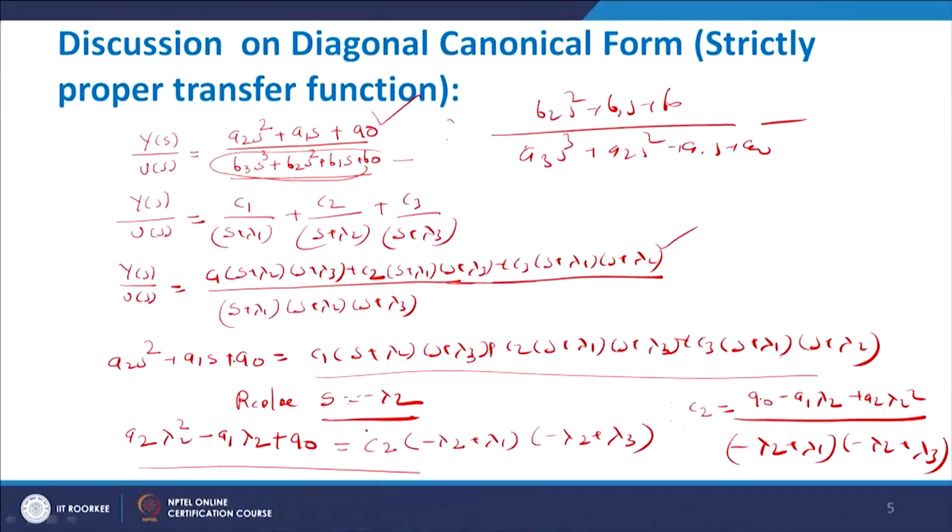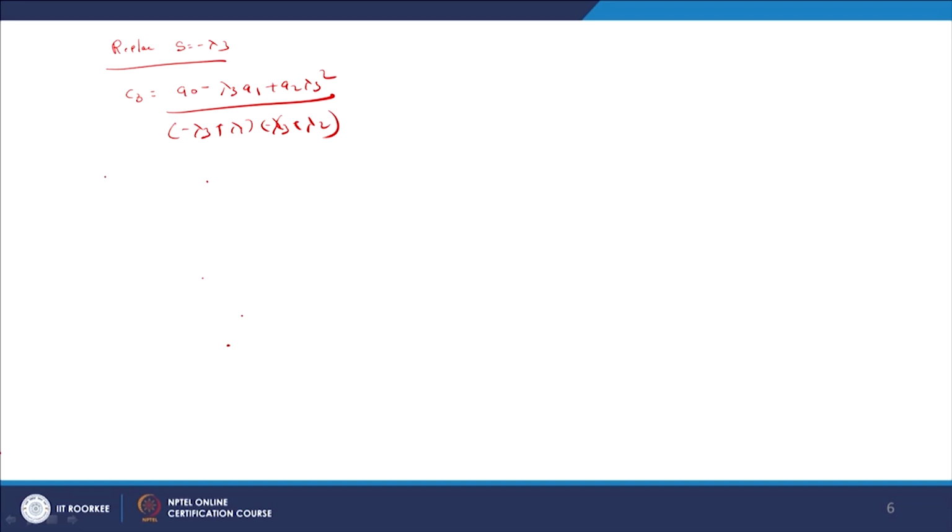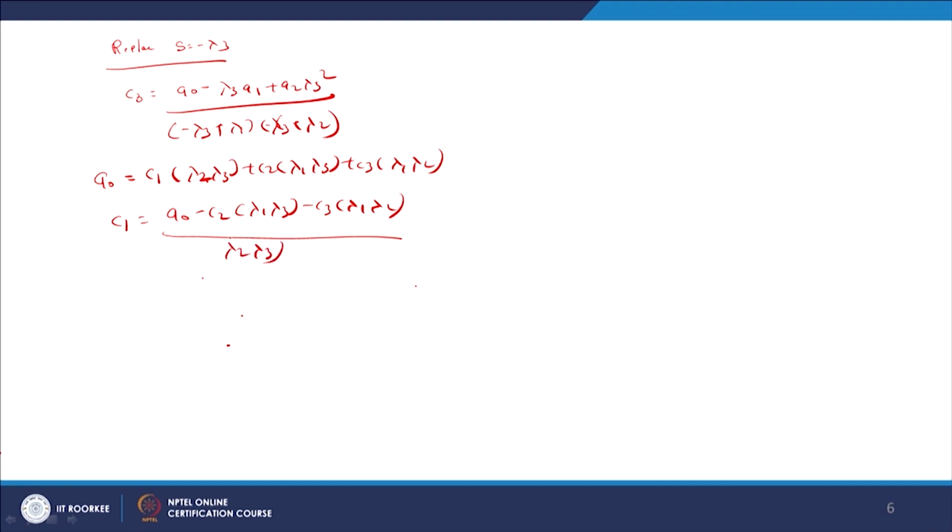If you replace S equals to 0 in these equations, we get A0 equals C1 lambda 2 lambda 3 plus C2 lambda 1 lambda 3 plus C3 lambda 1 lambda 2, and from this you can get C1 equals A0 minus C2 lambda 1 lambda 3 minus C3 lambda 1 lambda 2, divided by lambda 2 into lambda 3.